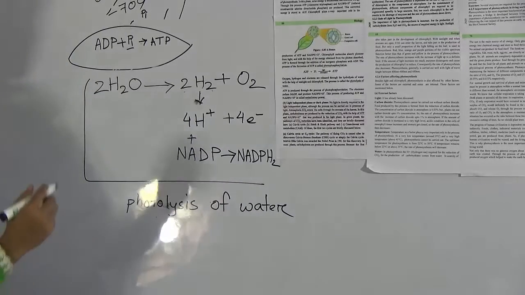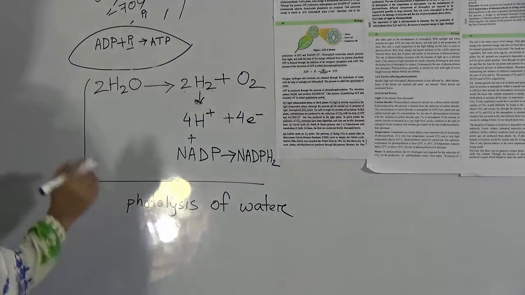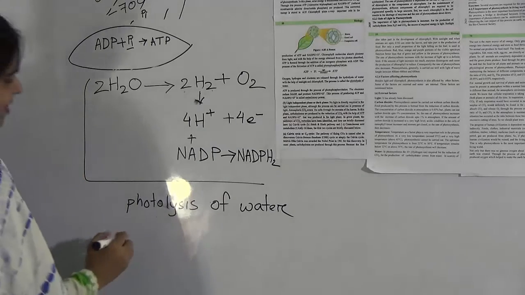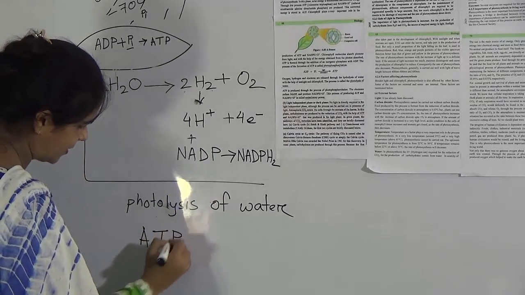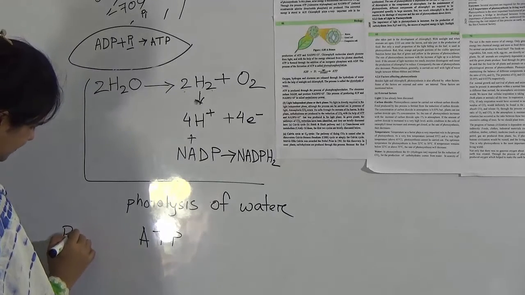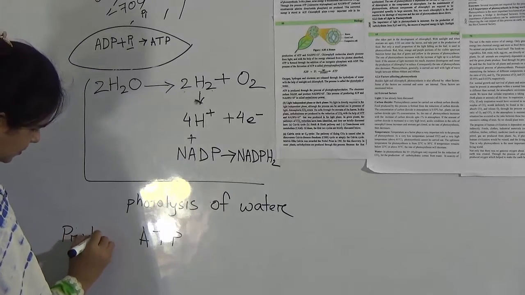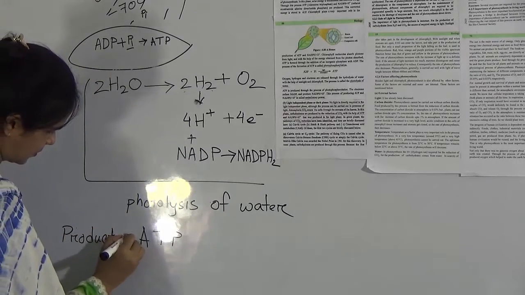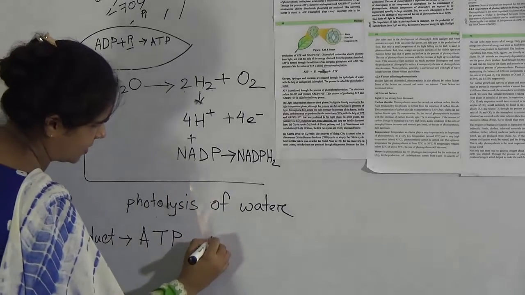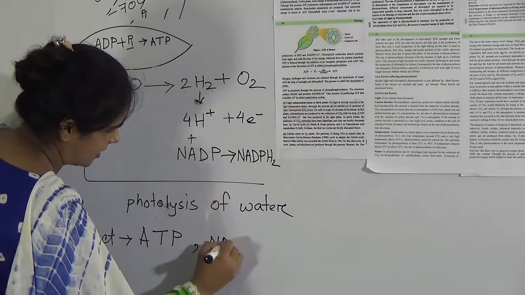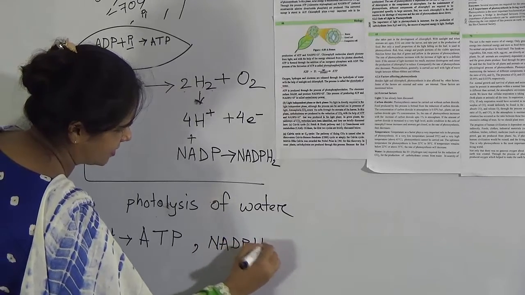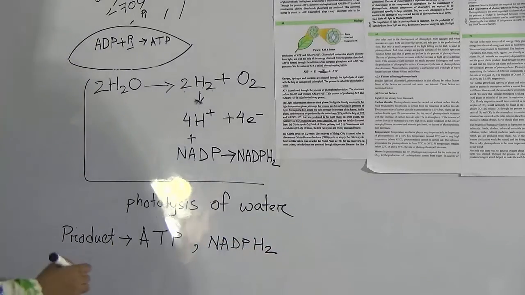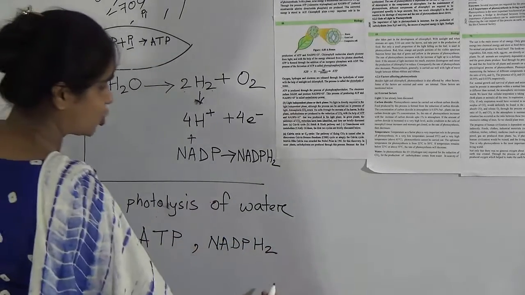And here in the light dependent phase we get two things: ATP and NADPH2.